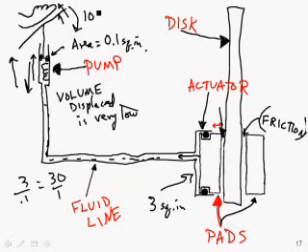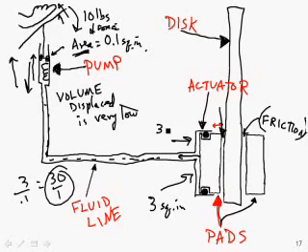So if we push down with 10 pounds of force, remember there's a direct relationship between area and force. So if we push down with 10 pounds of force and the ratio is 30 to 1, then that means we can have 300 pounds of force pushing the actuator and pushing the brake pads together. So it's a force multiplier.